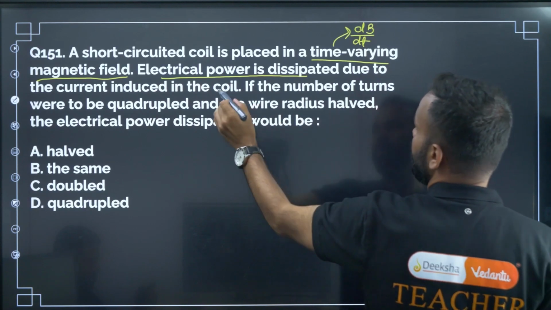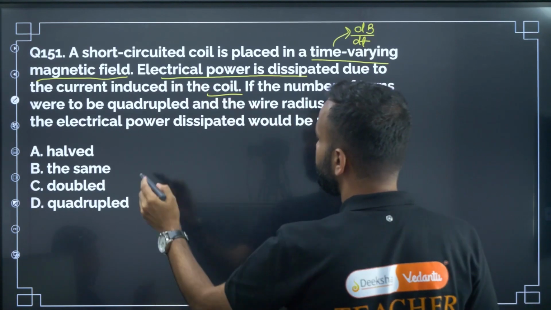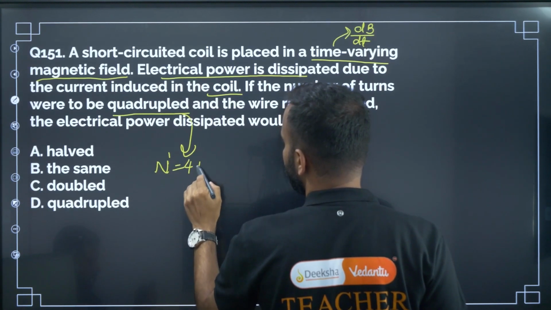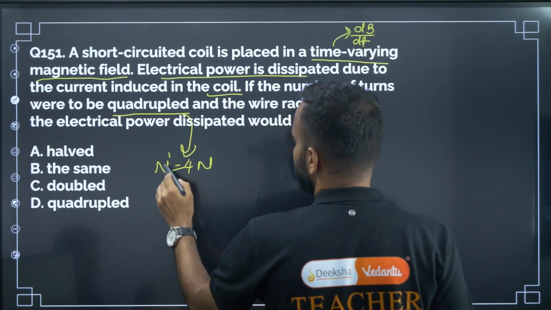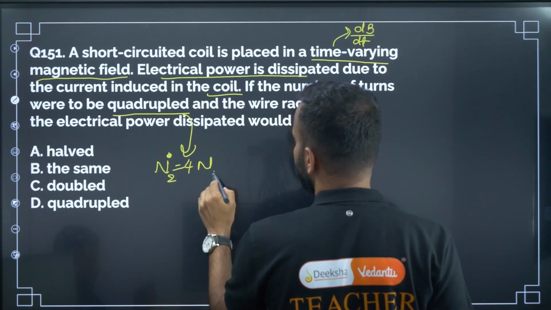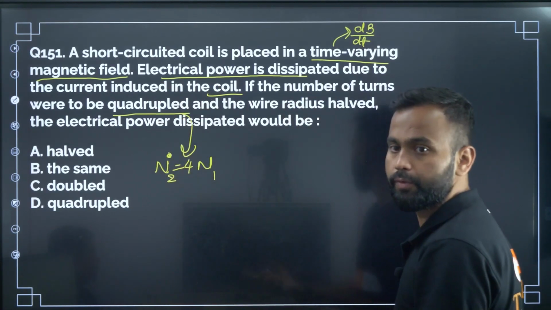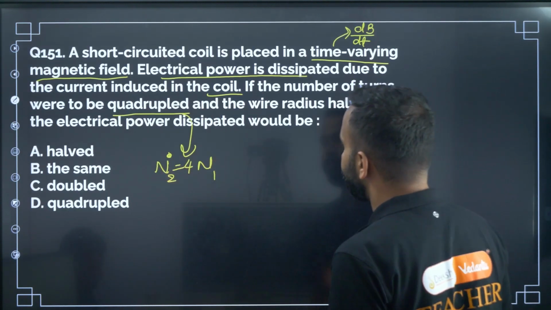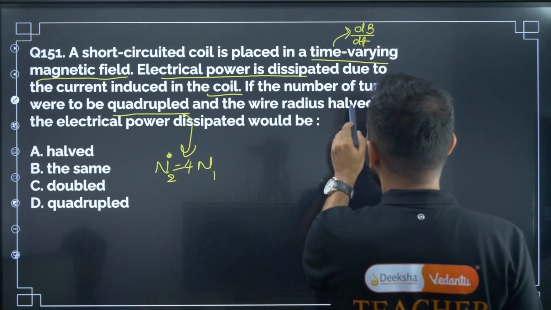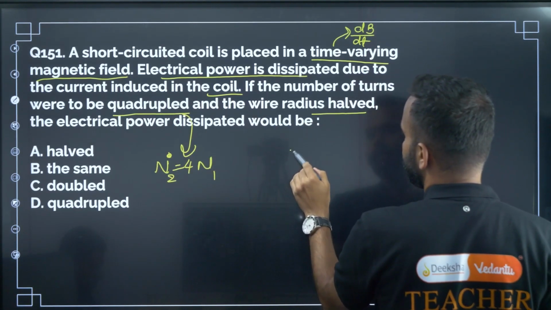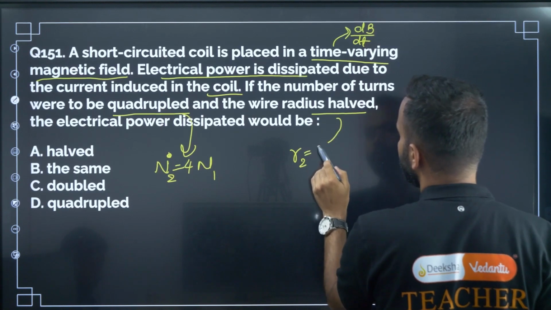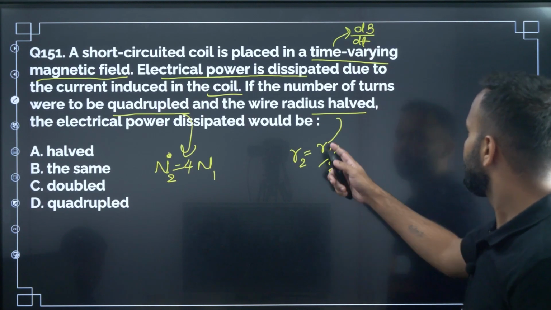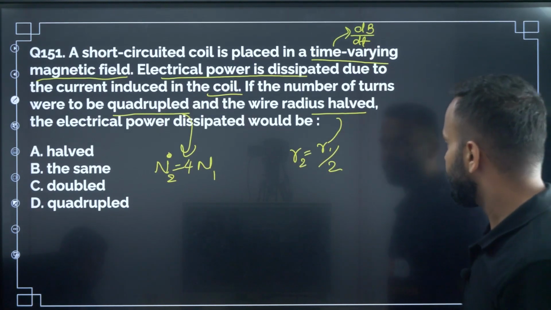the coil. If the number of turns were to be quadrupled, that is n dash is equal to 4n, or n2 equal to 4 times n1. n1 is the initial number of turns in the coil, n2 is the new number of turns in the coil, and the wire radius halved, that is r2 equal to r1 divided by 2. r1 is the initial radius of the wire, r2 is the new radius of the wire.